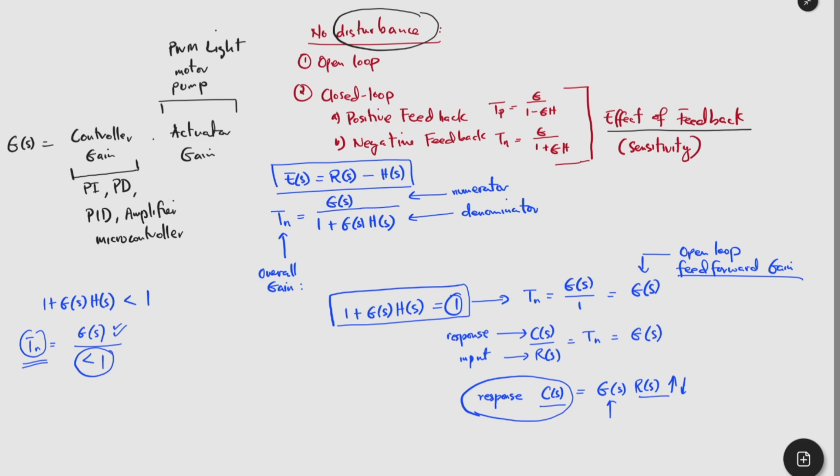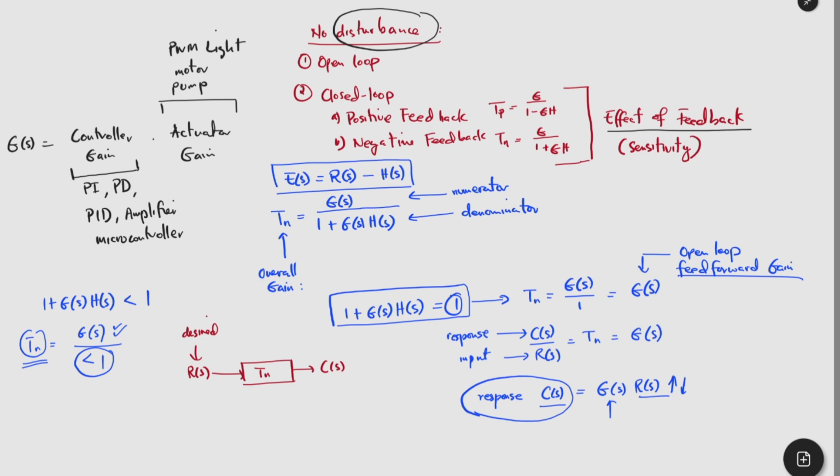Because with the analysis, we say that the overall gain, which is T(n), must be equal to C(s) over R(s). And the output can be any value corresponding to the input, which is our desired value.